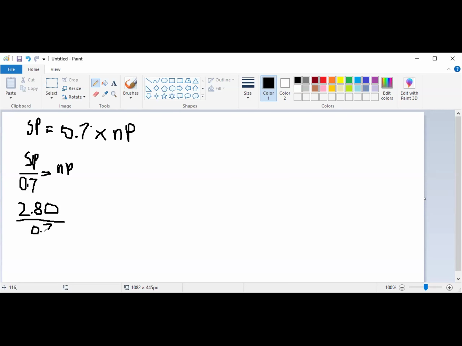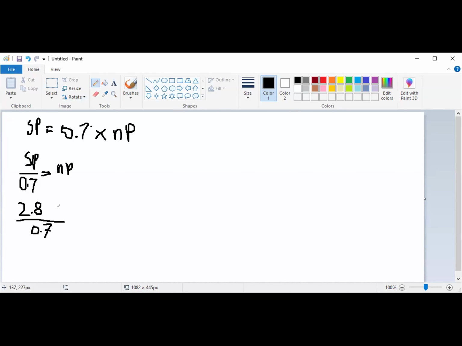Remember, anytime you are dealing with decimals in division, you try to make them whole numbers, but it's always advisable to start with the one that has more decimal places. The one that has more decimal places is 2.80, which we could have left as 2.8. So let's just leave it at 2.8.